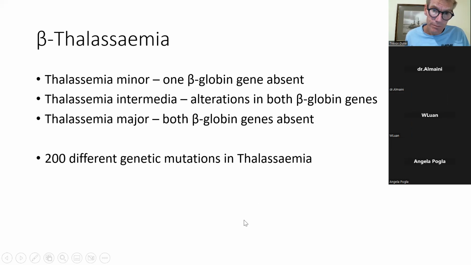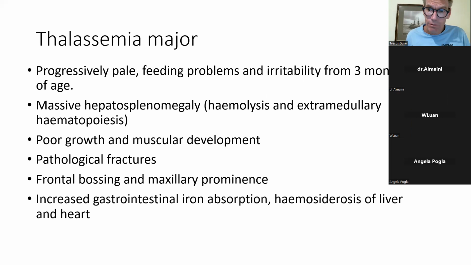Sometimes when you see a child with thalassemia major, then they generally are progressively more pale from about 3 months of age, when they lose their fetal hemoglobin and the adult hemoglobin has to take over. Remember, fetal hemoglobin is 2 alpha and 2 gamma, so that's not affected by beta thalassemia.